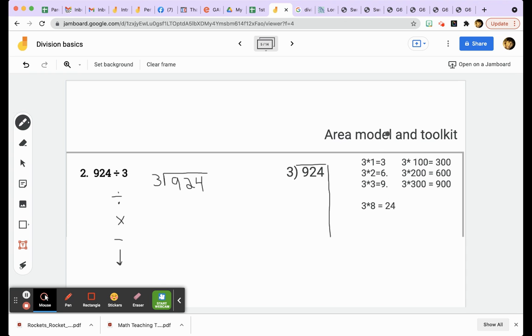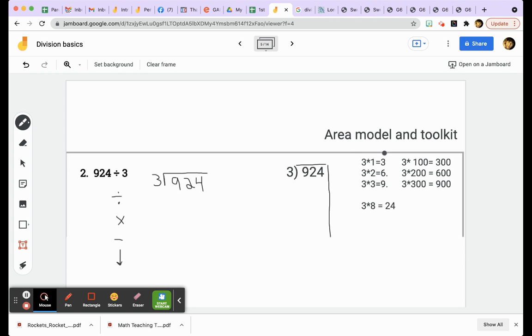Okay, so again, I'm going to start with the toolkit. I have 924 as my dividend. I'm looking for equal groups of 3. 3 is my divisor. So I'm going to use factors of 3 to help me find the largest number that will go into 924.